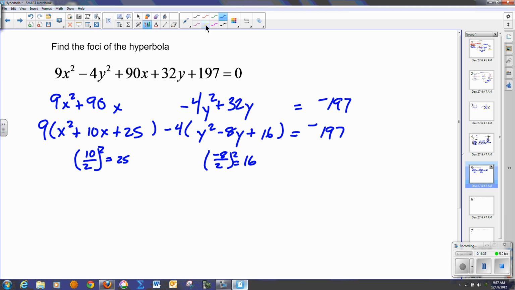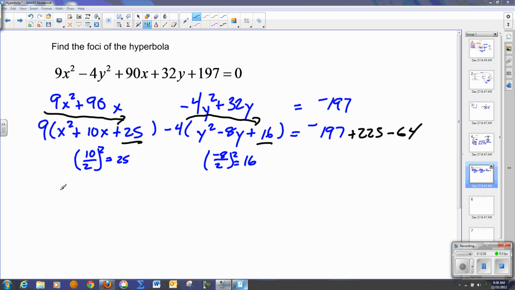I have to balance the sides of my equation, but I know I'm not just adding 25 and 16. I have that multiplication of the 9 to the 25 and the -4 to the 16. So 9 times 25 is 225, and that -4 times that 16 is -64.